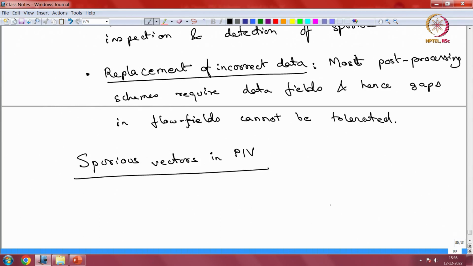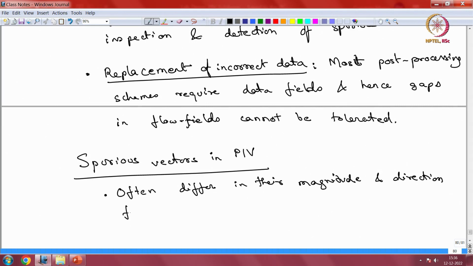Now spurious vectors are basically incorrect vectors, and they often differ in their magnitude and direction from the surrounding neighbors.